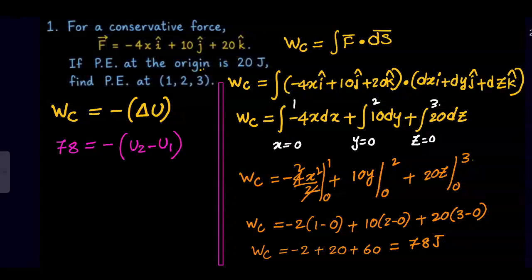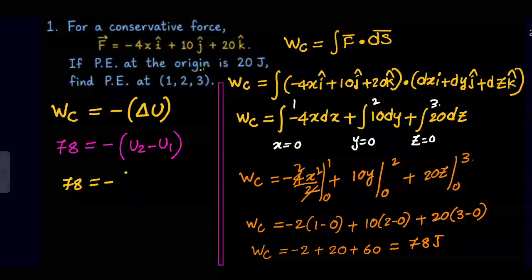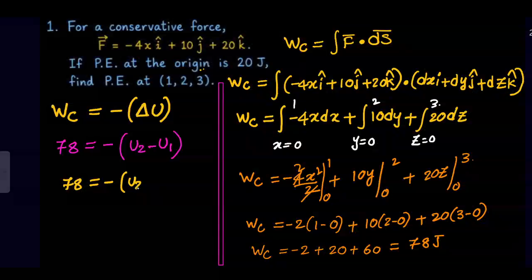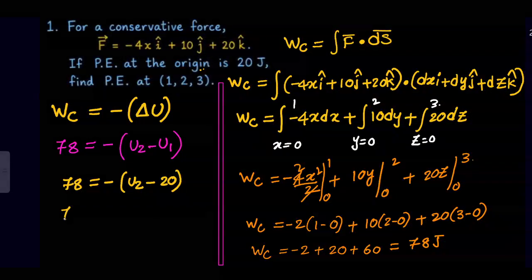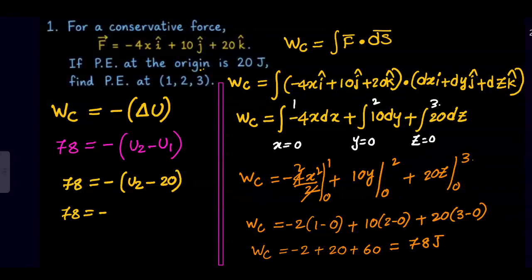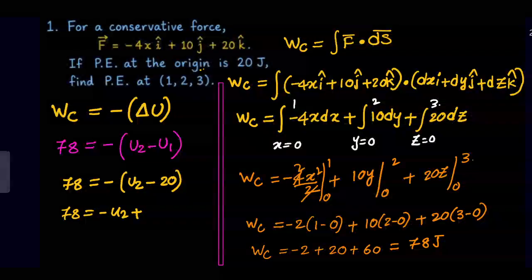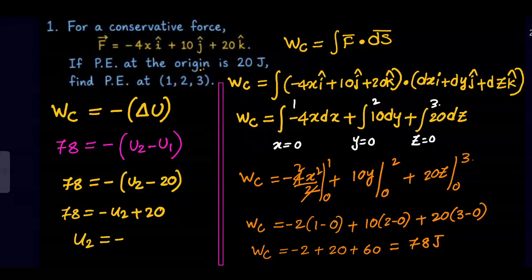The initial point is the origin, whose potential energy is given as 20. So 78 equals minus of (U2 minus 20), that is 78 equals minus U2 plus 20. So U2 is minus 58 joules.